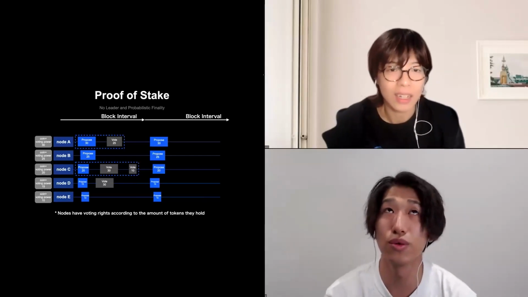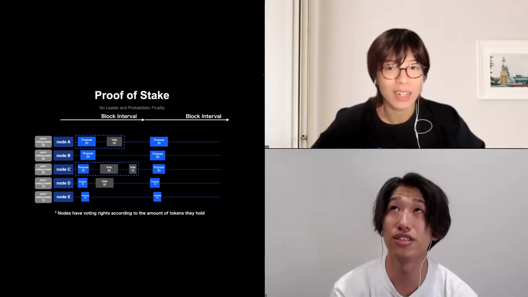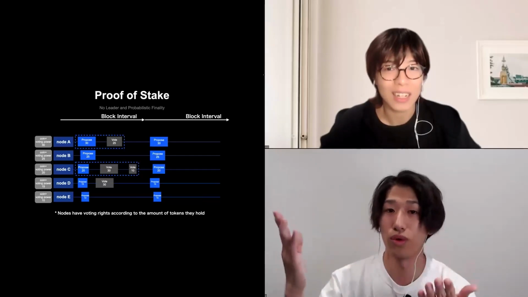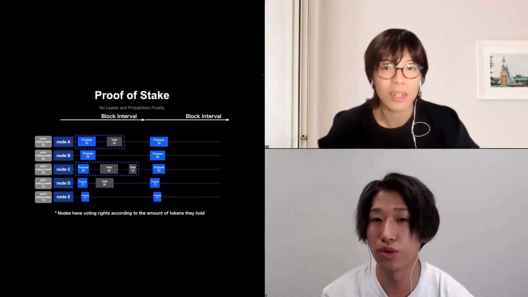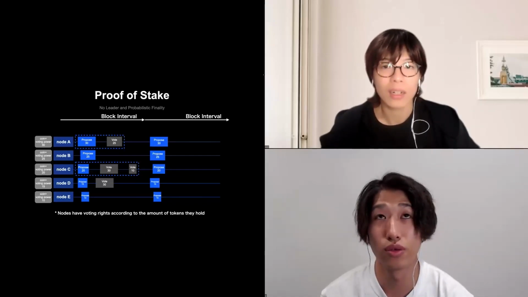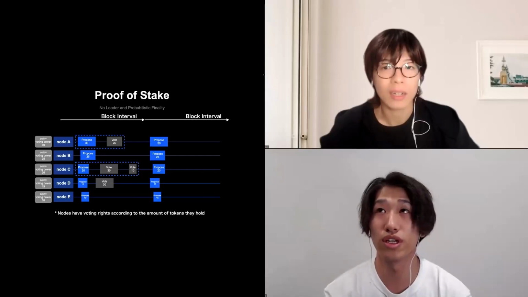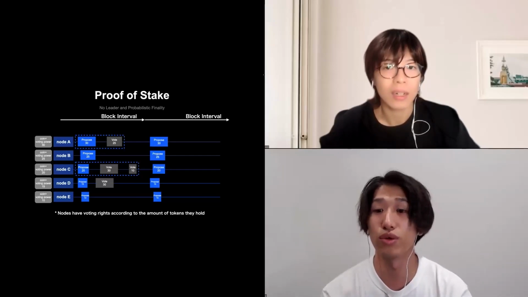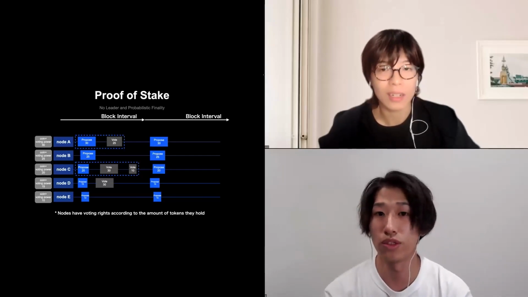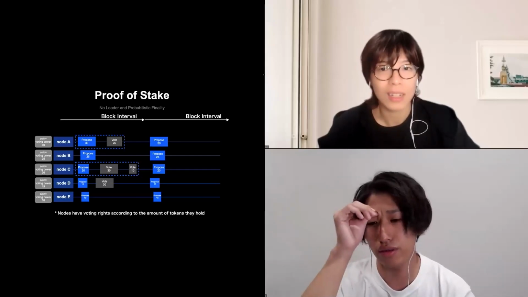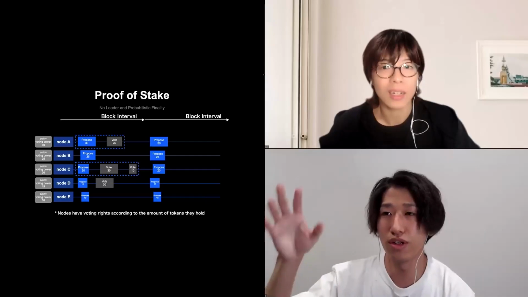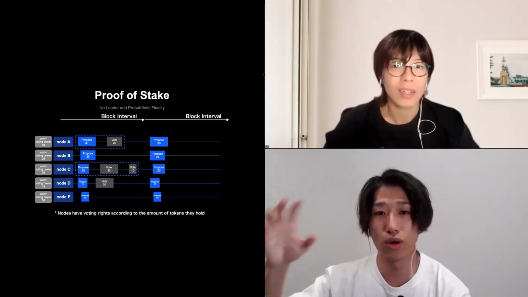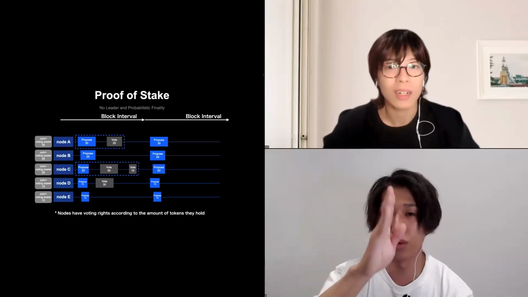I see. So once the proposer is chosen and proposes the block, the consensus starts, and the way to not create forks is the two-stage voting you were talking about. And in two-stage voting, you need 2/3 of the votes.